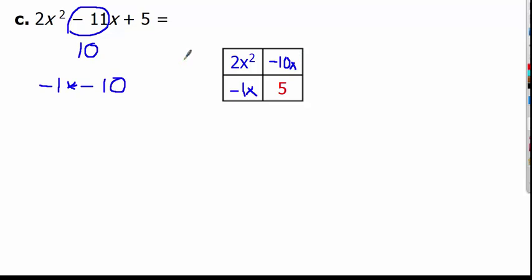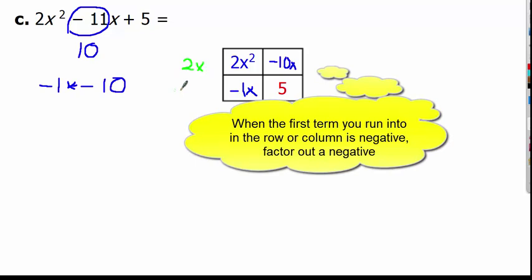Then I'm going to get the factors, and I can take a 2 out of this and an x out of this. Since this term is a negative, I'm going to pull out a negative 1. Factoring out of these, I'm going to get an x. Factoring out here, I'm going to factor out a 5.